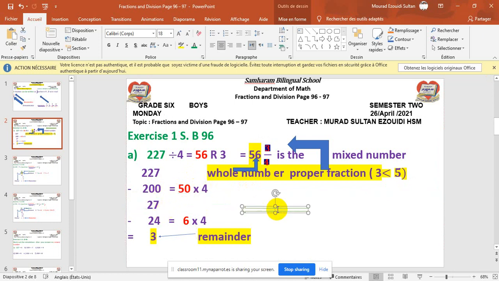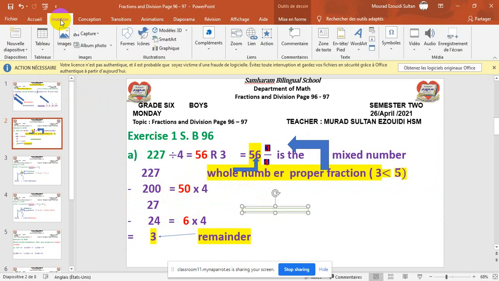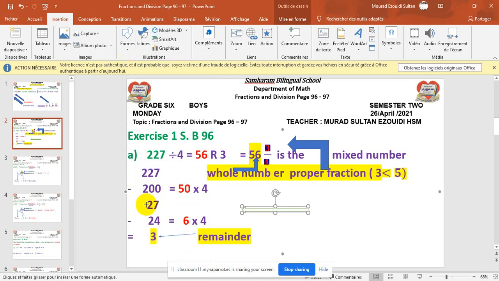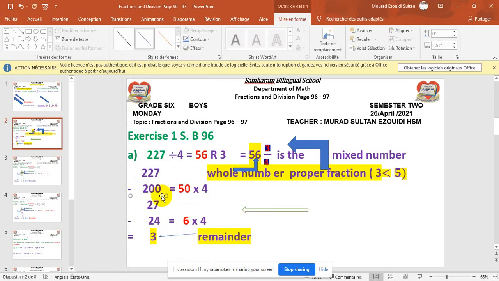Then here, my learners, I will try to insert a line like that. We told that 227 minus 200 is equal to 27. Then I will come here, this is 27.